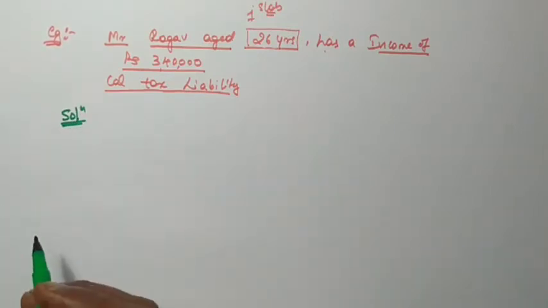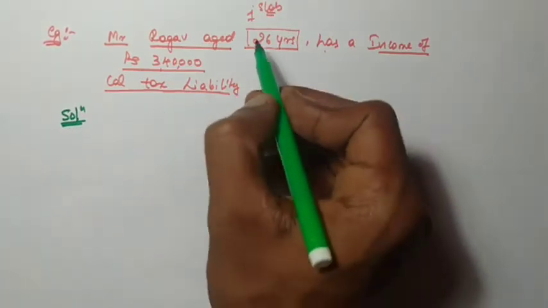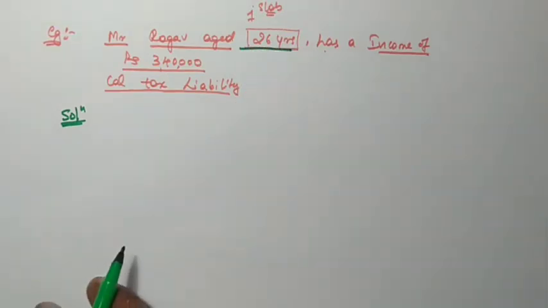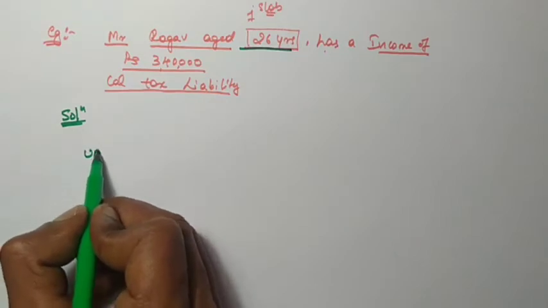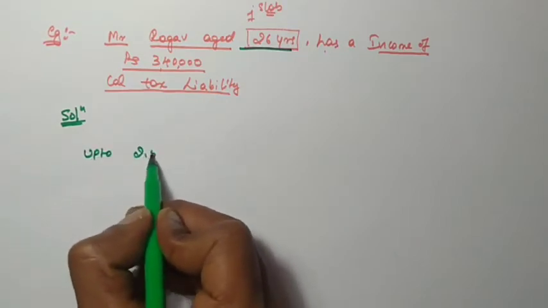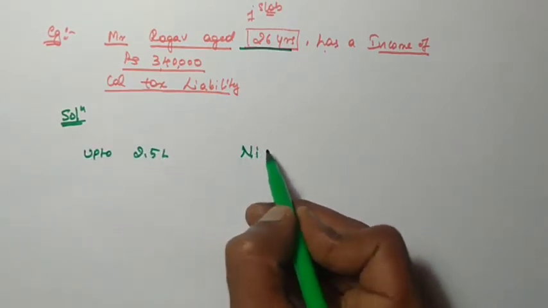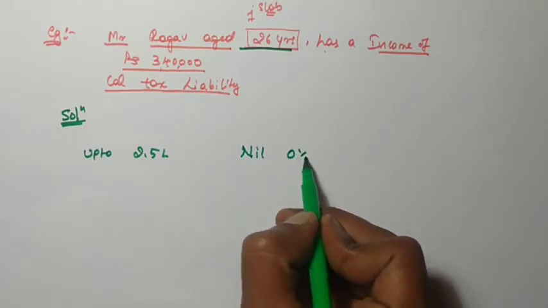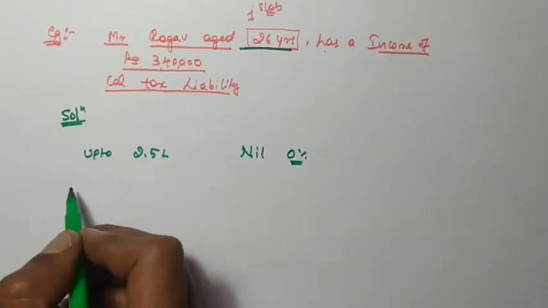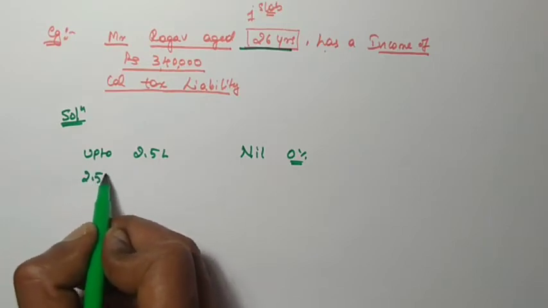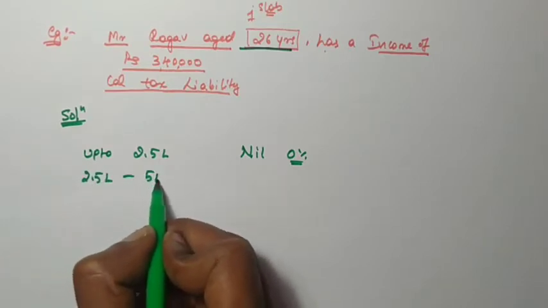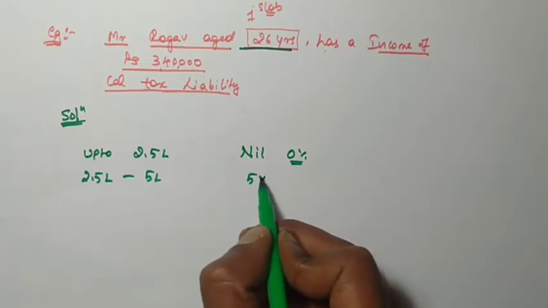So, for individuals aged below 60 years, up to 2.5 lakh, nil rate of tax, that is 0%. From 2.5 lakh to 5 lakh, 5%.